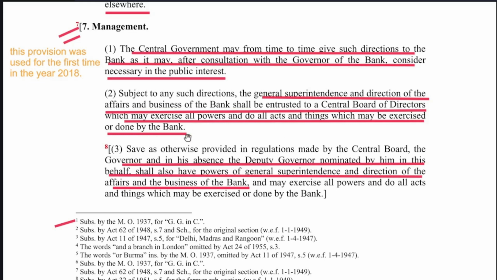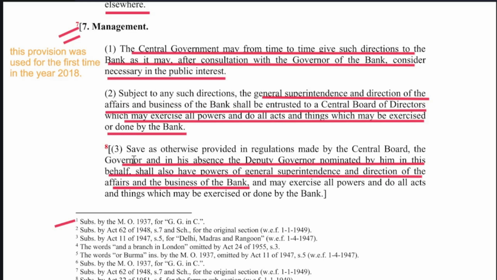So all that is necessary to ensure the smooth functioning of the RBI, so that RBI is able to manage all its responsibilities effectively, all those decisions can be taken by the central board of directors, who are entrusted with this responsibility.